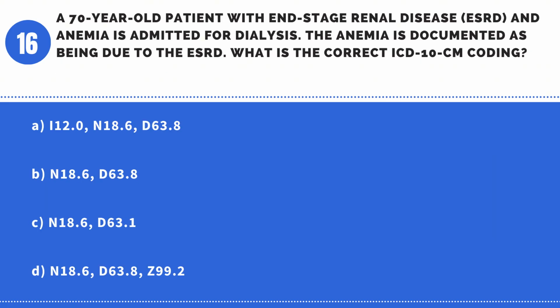Question 16. A 70-year-old patient with end-stage renal disease, ESRD, and anemia is admitted for dialysis. The anemia is documented as being due to the ESRD. What is the correct ICD-10-CM coding? A. I12.0, N18.6, D63.8.